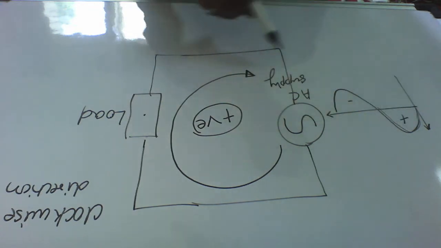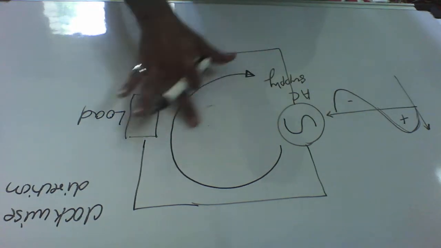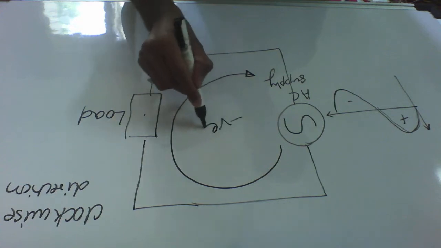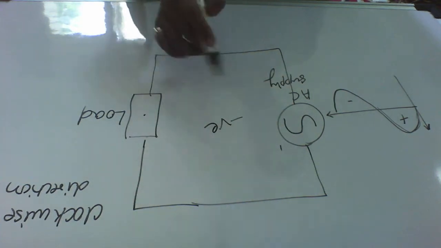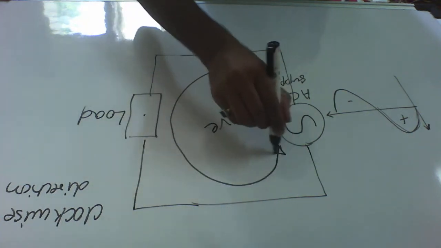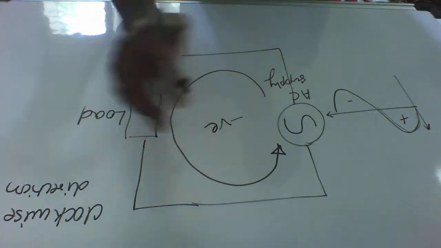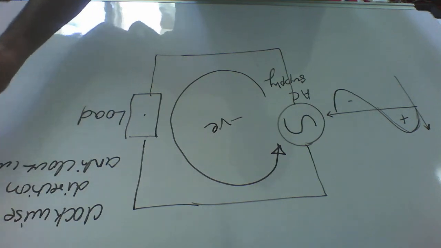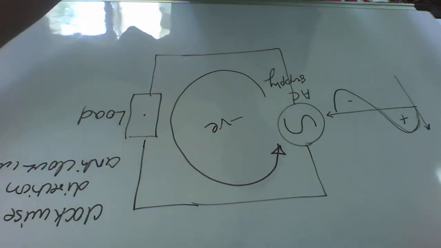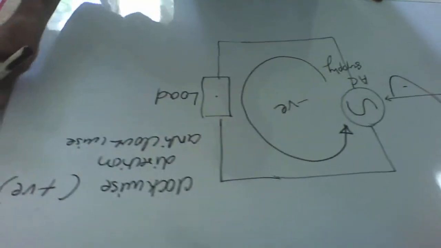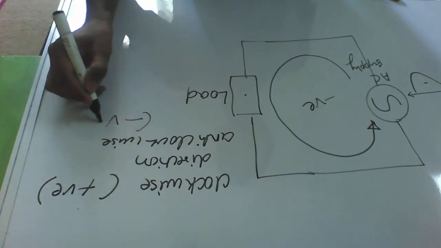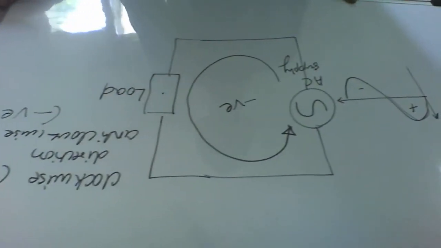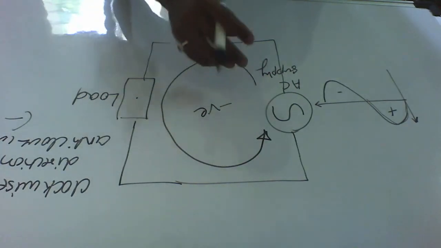When the negative supply comes, the negative supply basically flows in the reverse direction, that is anti-clockwise. So this is for positive and this is for negative supply. Okay, so the negative supply flows in the reverse direction.